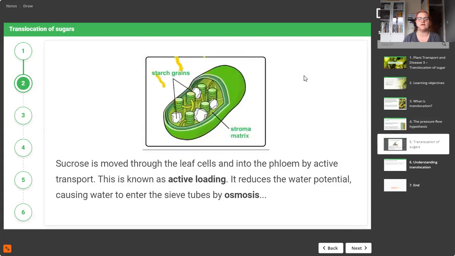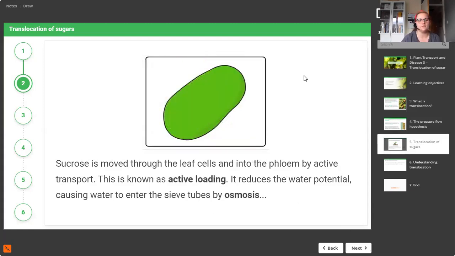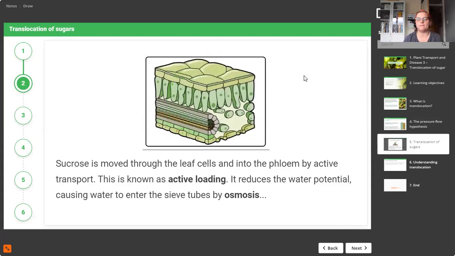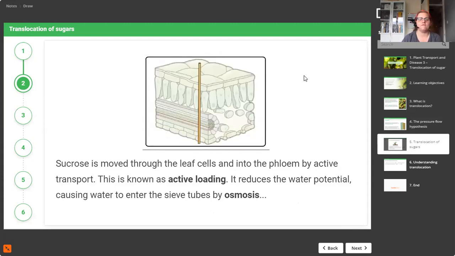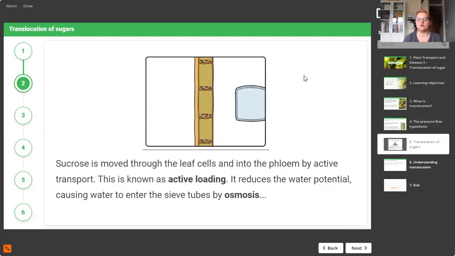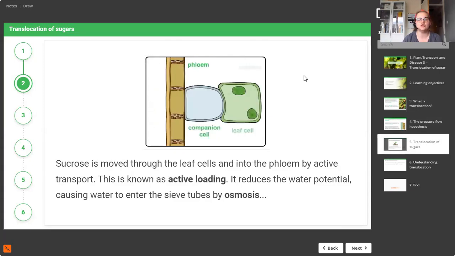This sucrose is then moved through the leaf cells and into the phloem by active transport. This is known as active loading, and during this process, it reduces the water potential and causes water to enter the sieve tubes by osmosis. So this is active loading through the leaf cell, through the companion cell, into the phloem.